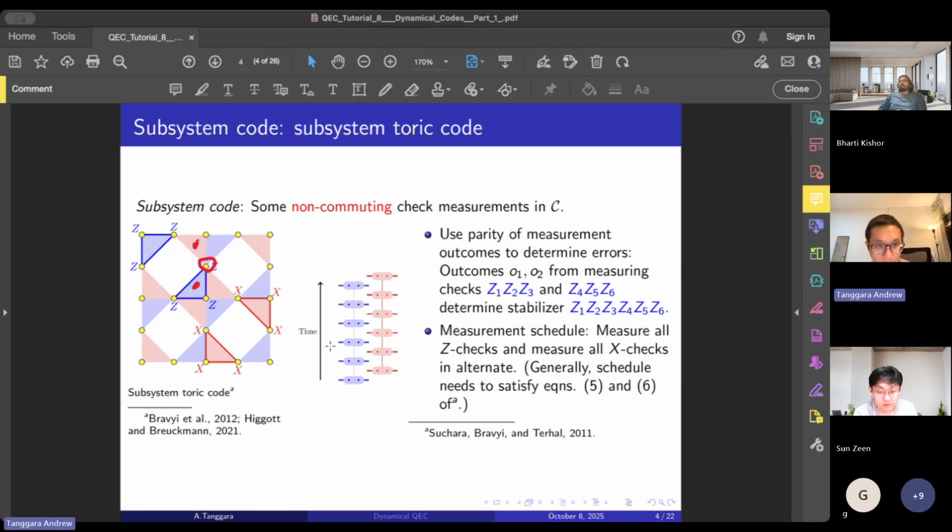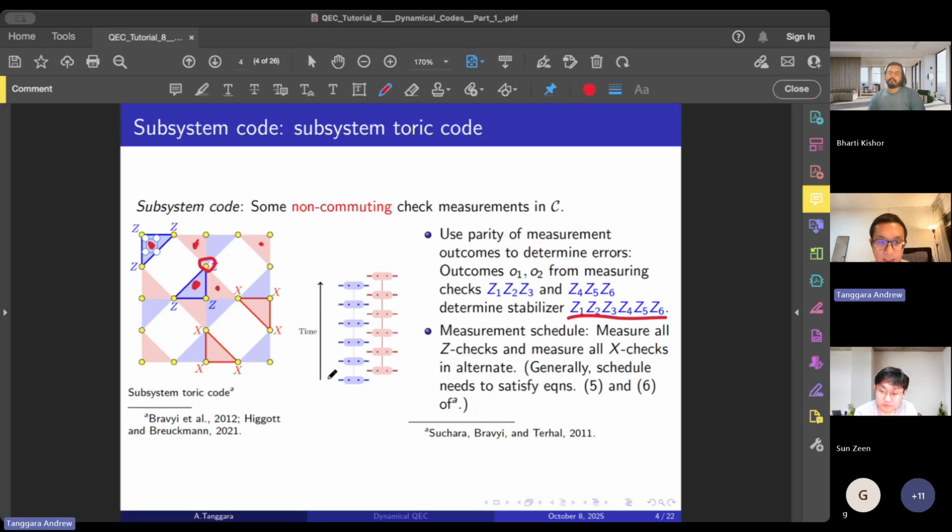And how do I do error correction on this code? I cannot measure these non-commuting X and Z simultaneously because they anti-commute. But now I don't have the same stabilizers. My stabilizers now are the product of these two 3-qubit Z measurements, and also these two 3-qubit X measurements. So I have 6-qubit stabilizers. What I want to do is measure X and Z alternately.